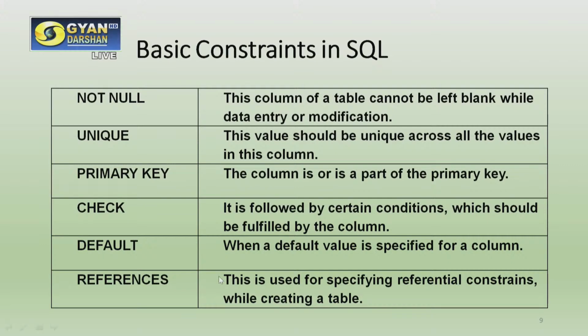So this is that constraint. And a default value, if it is to be specified, we have not specified that. And the final one is references. So this is basically for specifying the referential constraint which we were referring to. Now referential constraints are going to be really useful when you want to check certain things across the tables, right?